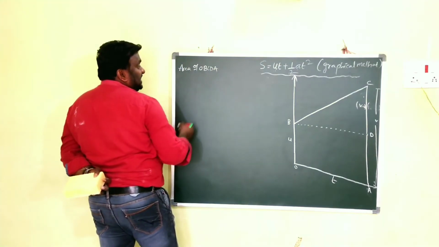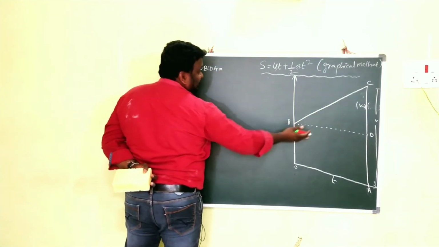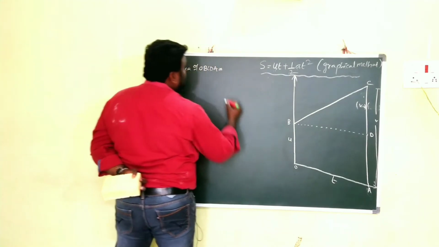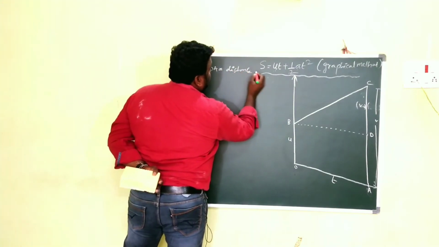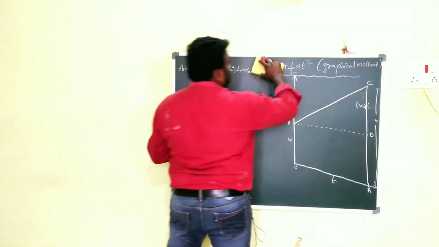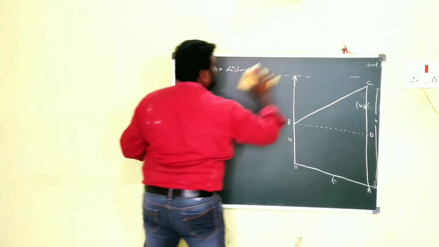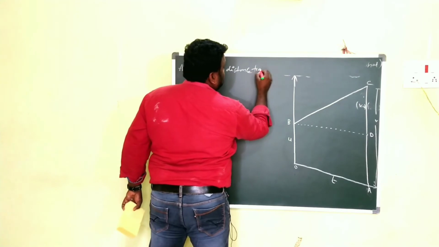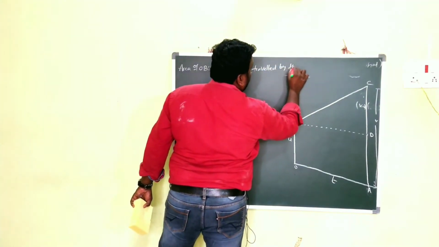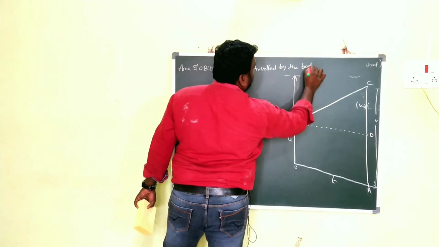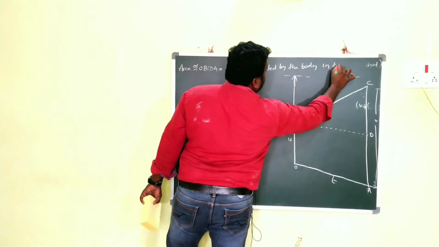The area of O, B, C, D, A is the total area under the line BC. That should be equal to the distance traveled by the body in time t seconds.